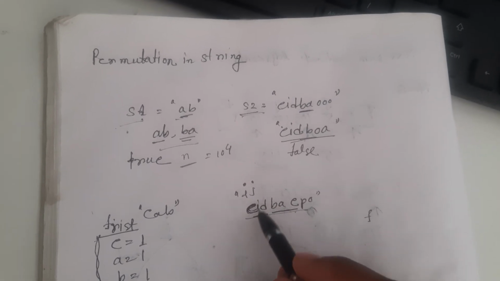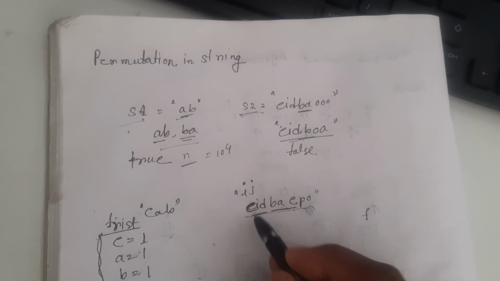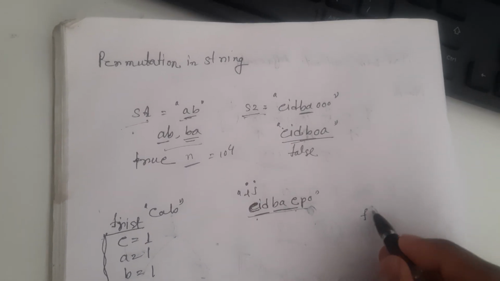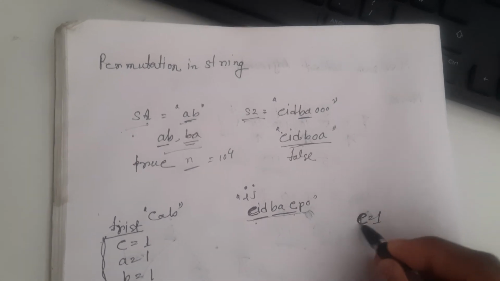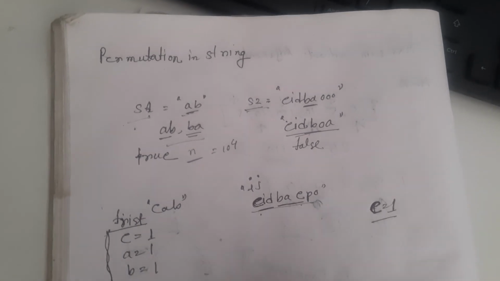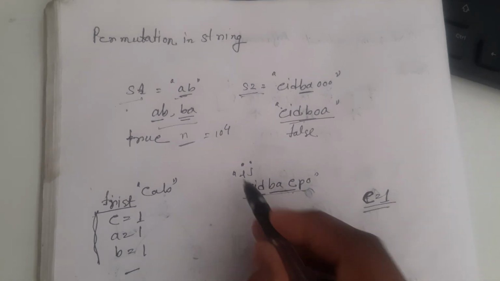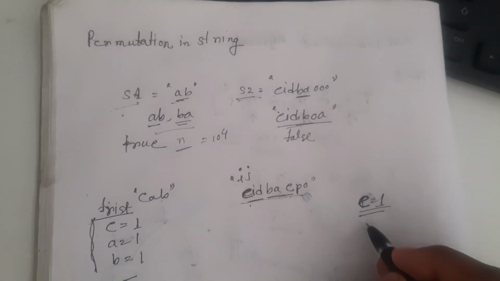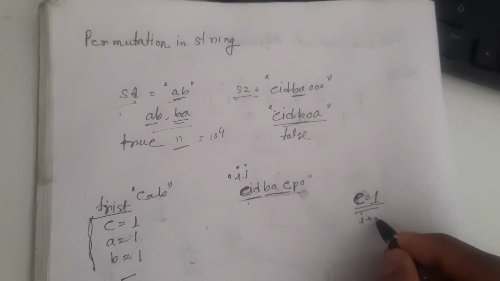At the first position we put the frequency of the jth character, the 0th character in the string. E is 1, but E is not present in the first array, so we delete the frequency of the ith character and increase i by 1.